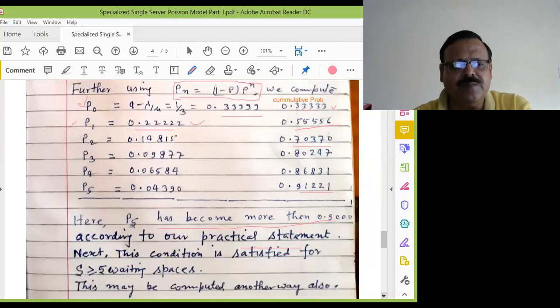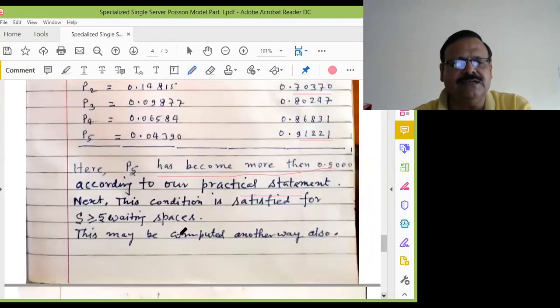We can say n is greater than this, n means 5. So meaning thereby, S is 5. You can compute 6 here, 7 here, and so forth.